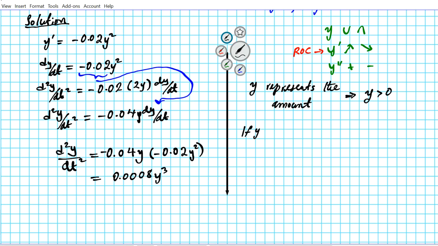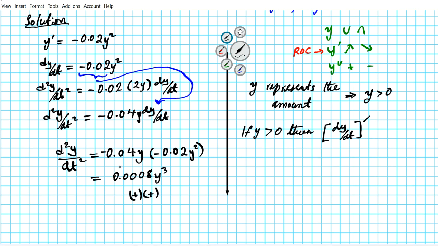If y is greater than 0, then the derivative of the rate of change, or the second derivative, is going to be what? If y to the third is positive and you multiply two positive numbers, what do you get? You end up with a positive, right?